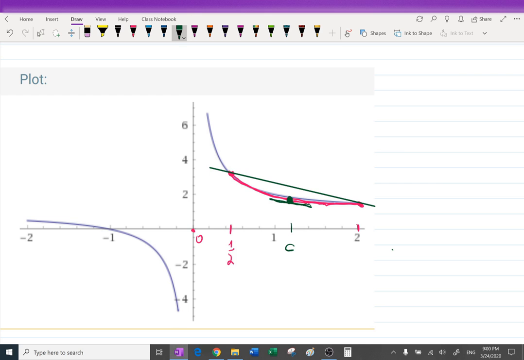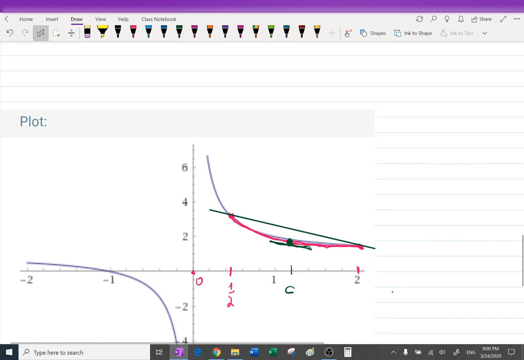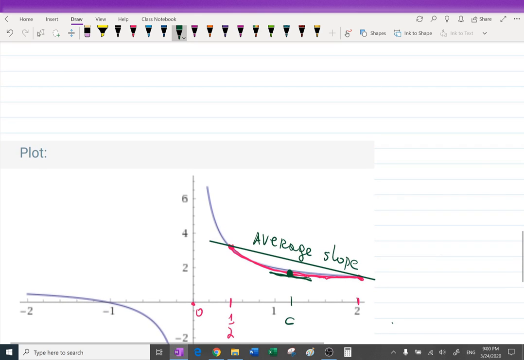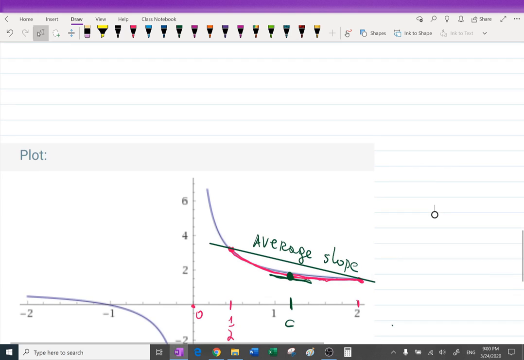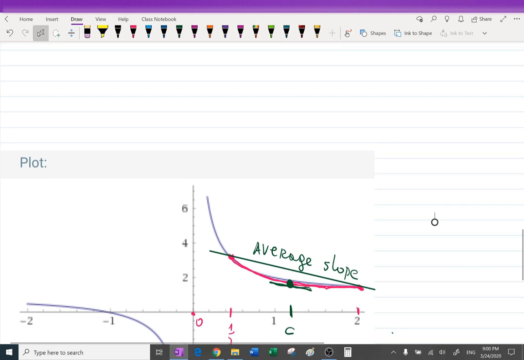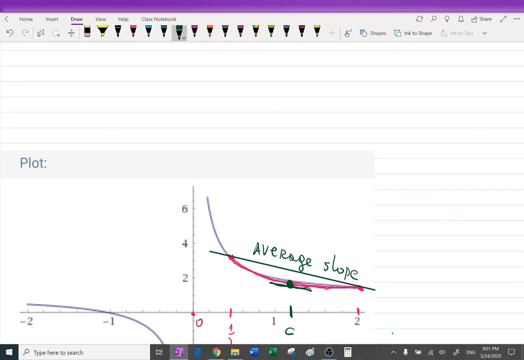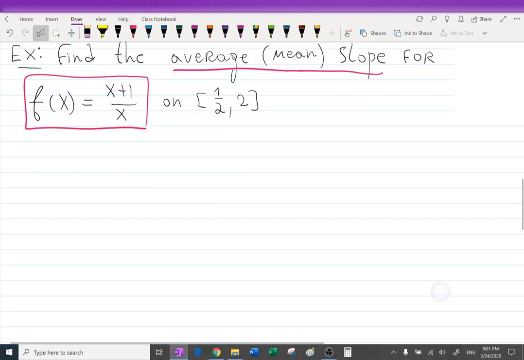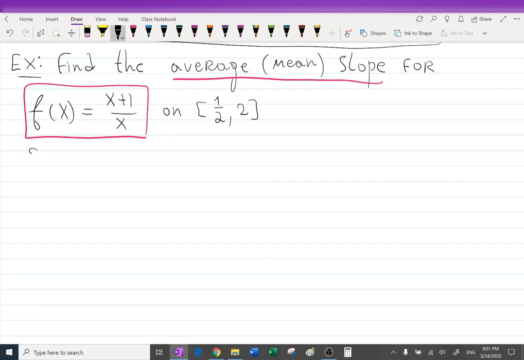Secant line gives you average slope. They ask you to find average slope, but instead we will use the mean value theorem. We can find a derivative and then find a time where this derivative was the same as the average slope. Okay, let's do that. Solution.